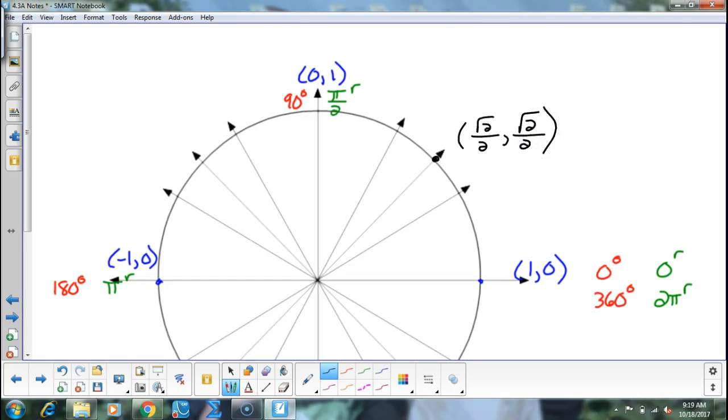What is the degree of that theta? 45 degrees. What is the radian of that theta? What you got? It is pi over 4.